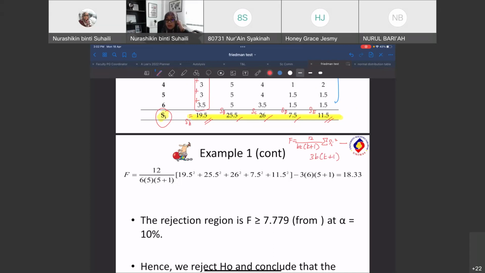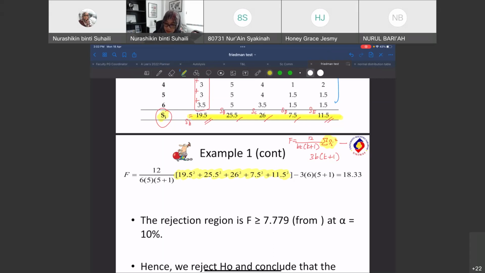So if you see here, there are few terms, and you have to be careful with the terms. For example, this one, okay, SI square. So I is referring to each of the samples. So you have to make sure that you sum these values first and correctly before you multiply with 12 divided by BK times K plus 1.